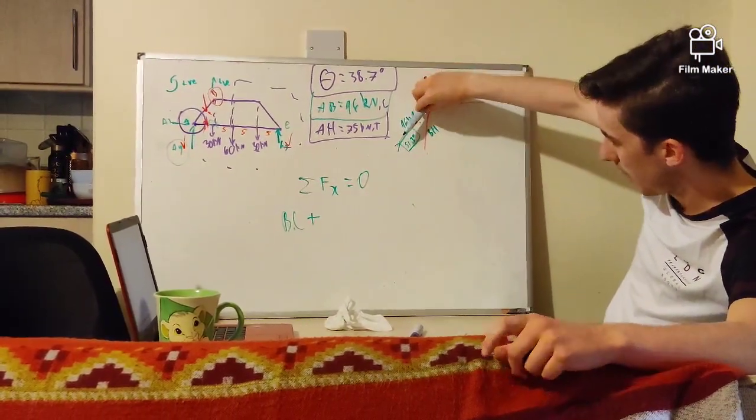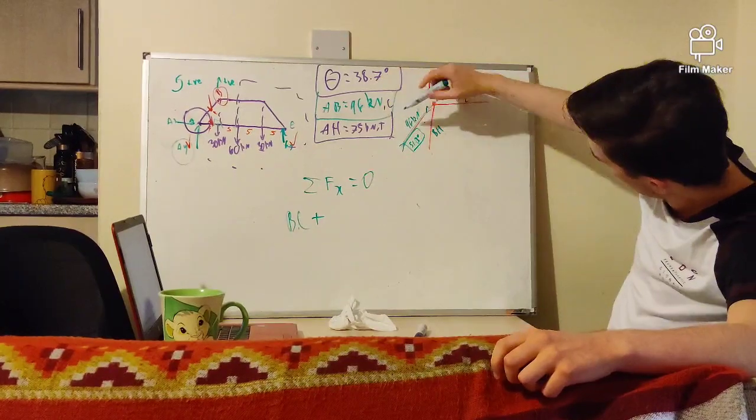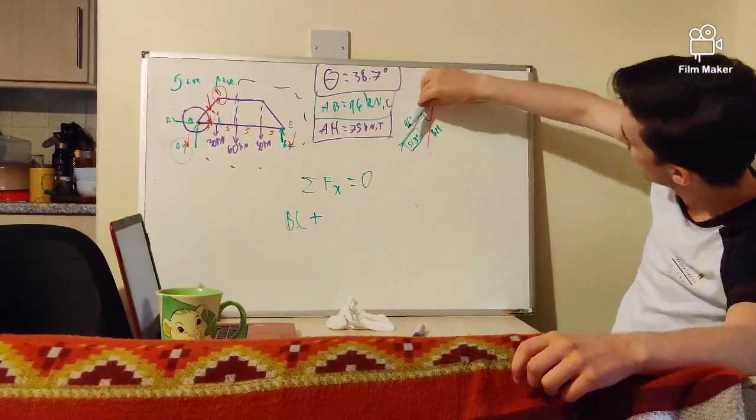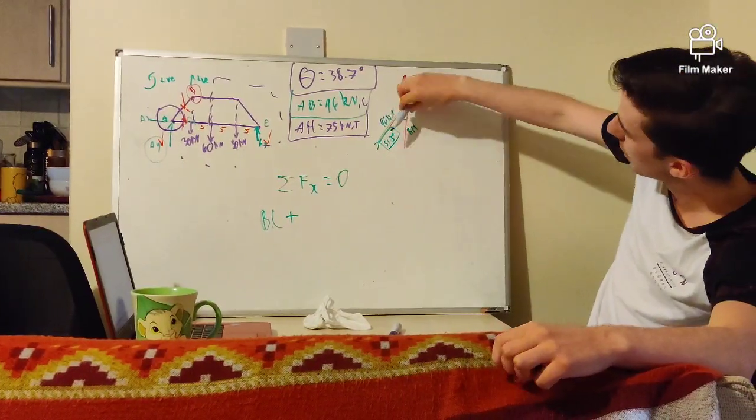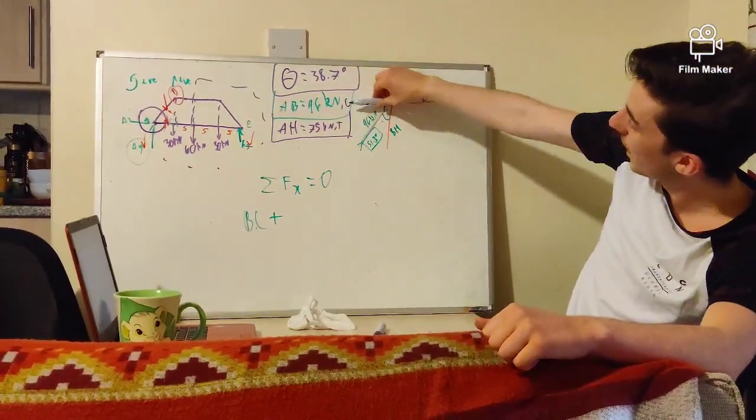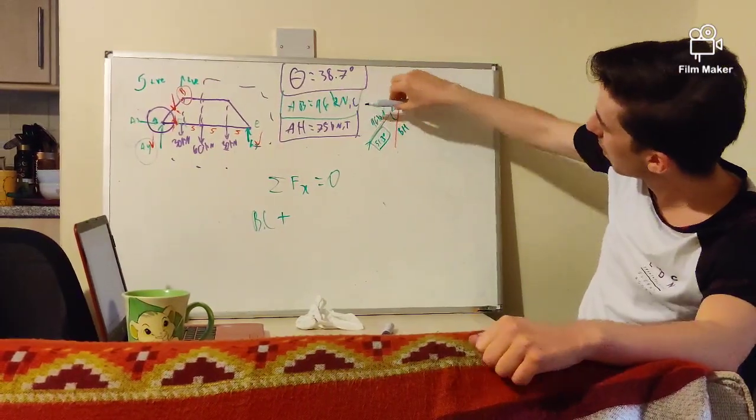Because we're going this way, we know that this angle is 51.3, so we need to take the sine of it, because we're not going through it, so you cut through using cosine. We're going the other way, so we're using sine of 51.3.